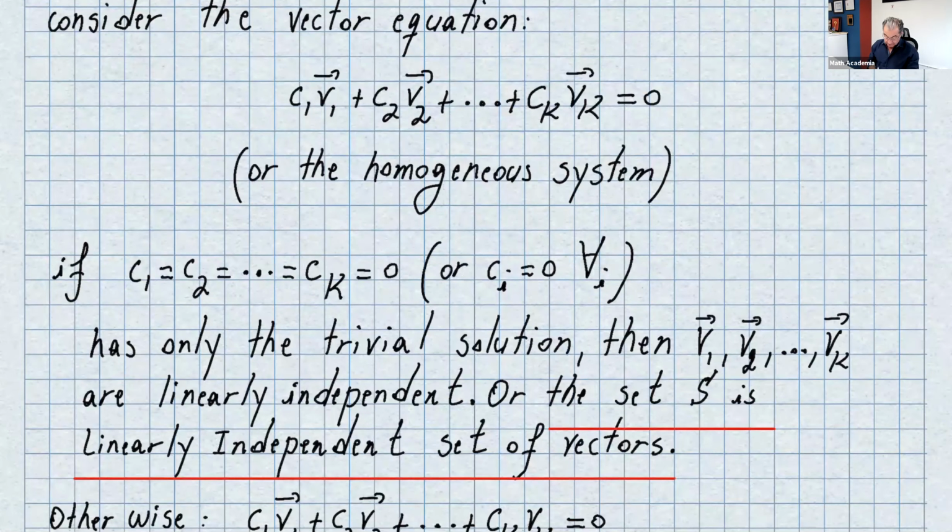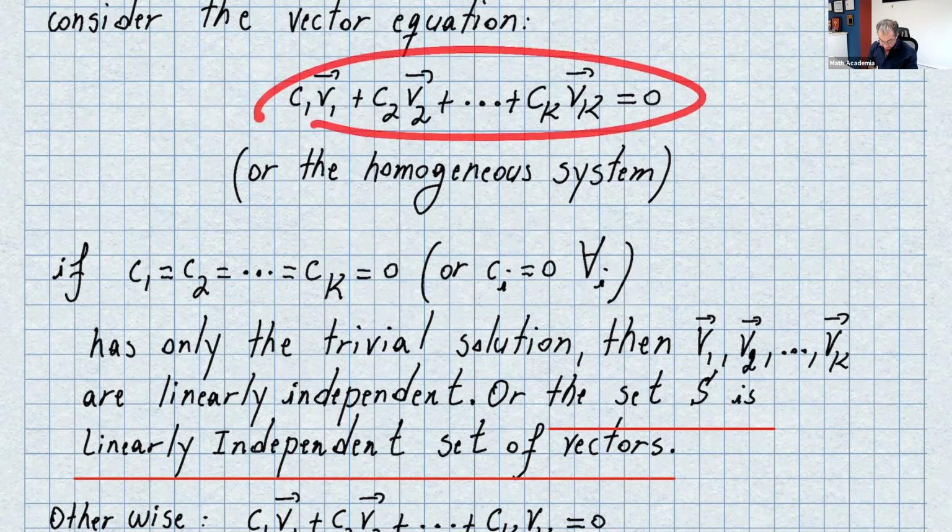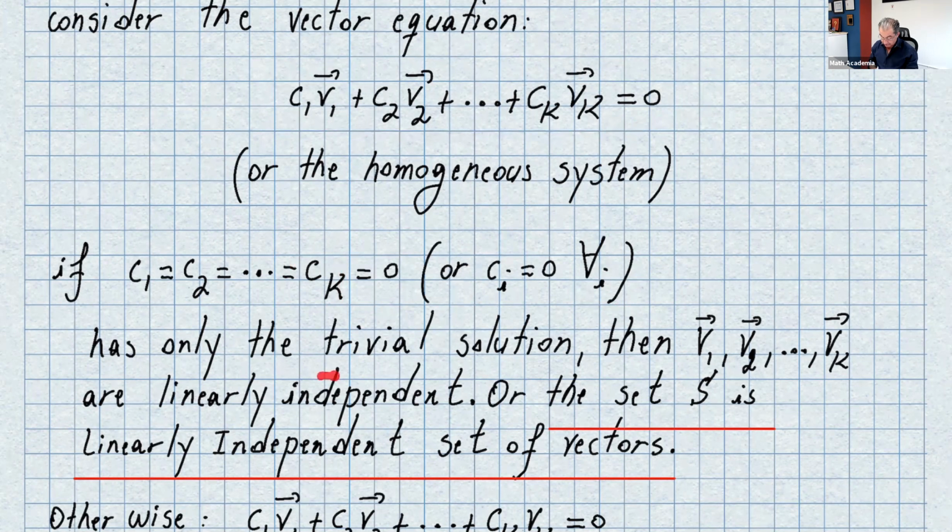So if C1 equals C2 equals ... equals Ck equals 0, or Ci equals 0 for all i's, so if that equation or that system has only the trivial solution, we saw what the trivial solution is, when all the coefficients are 0, then v1, v2, ..., vk are linearly independent. Or you say the set S is a linearly independent set of vectors.